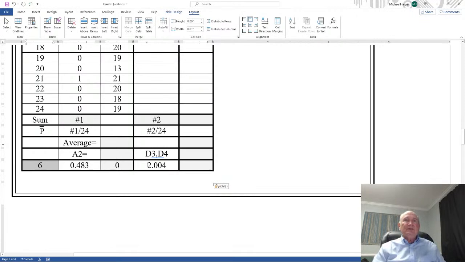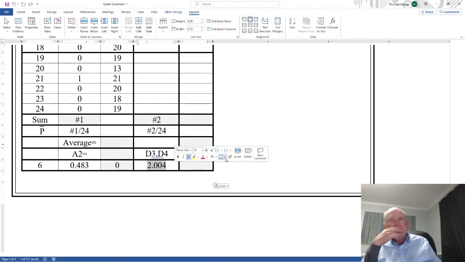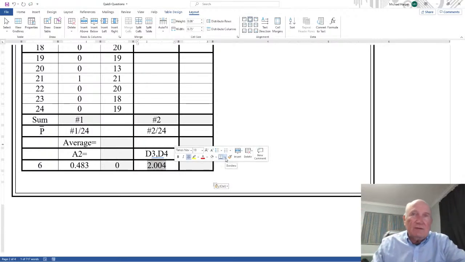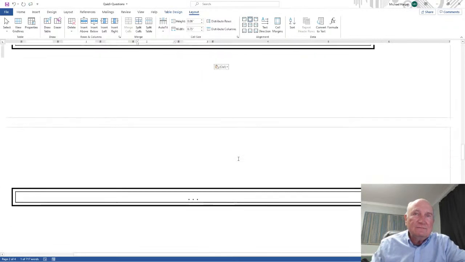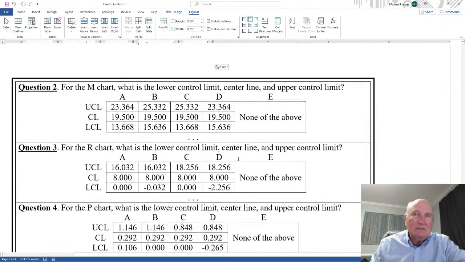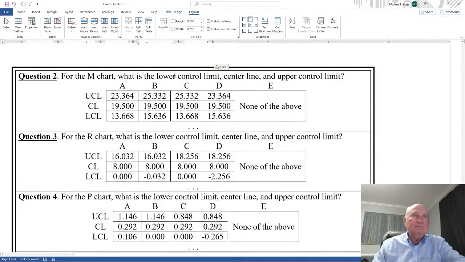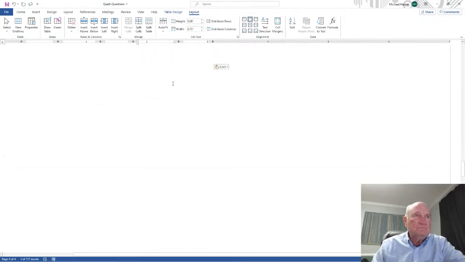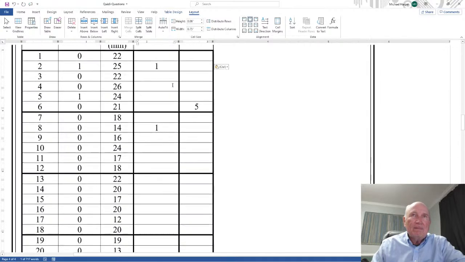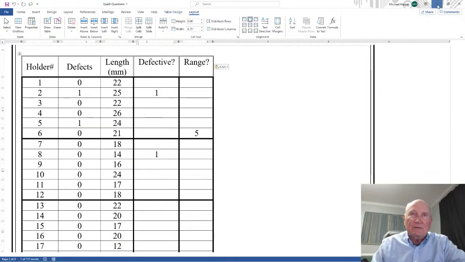That's your A2. This is your D3 right here, and that's D4, 2.004. That's all the numbers you need, and that's how you do this. And then down here, one of these is right. So that's this homework, and that's how you do it.